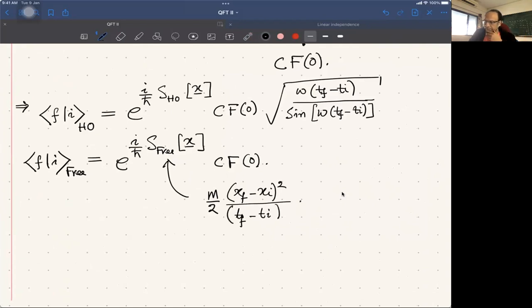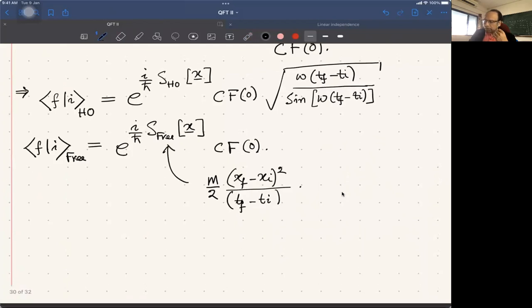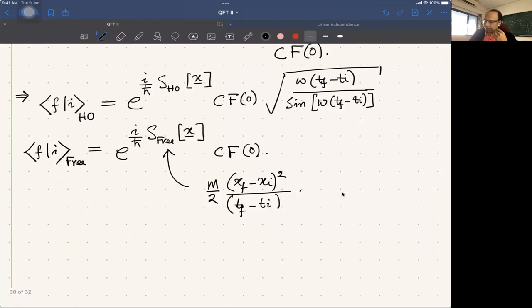Basically it is half m x dot square times the time evolution, where x dot is constant for free particles, so it is the average value xf minus xi by tf minus ti.